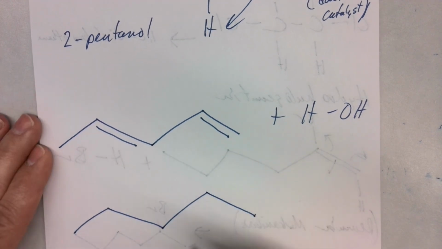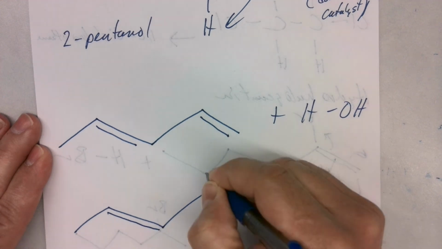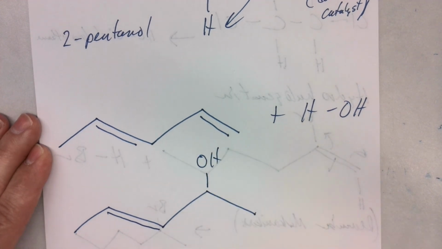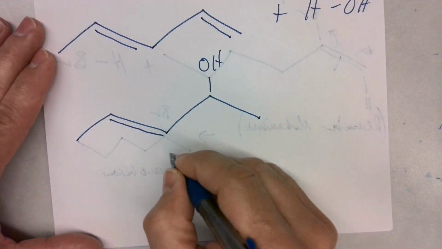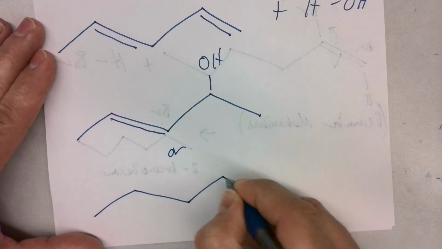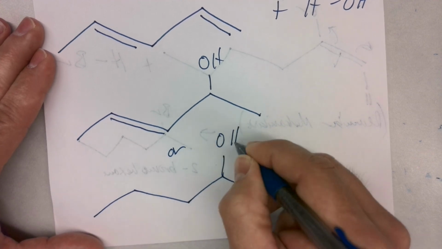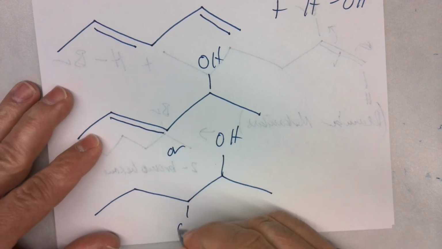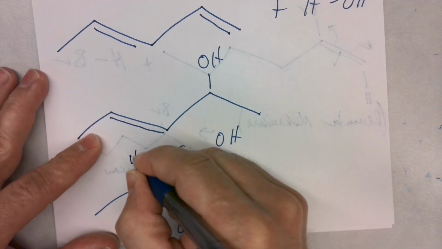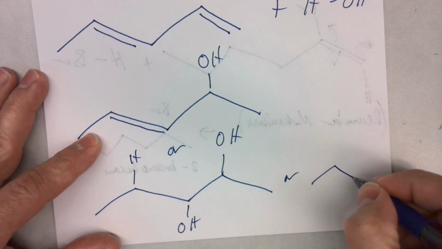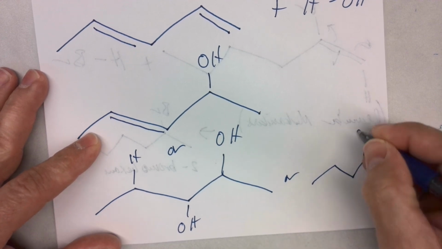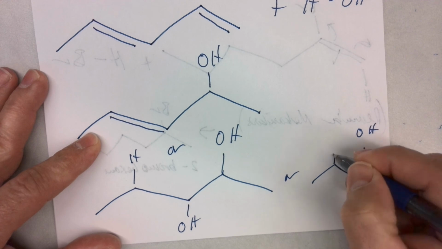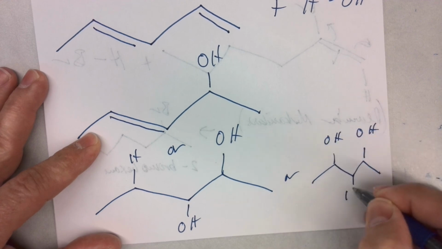You could have that stay, have that be an OH, and have that be an H, right? Or you could get this. Now here, these are going to be the same, right? So you could have an OH there and an H there. Or you could get this, have an OH there, have an OH there, and have an H there.